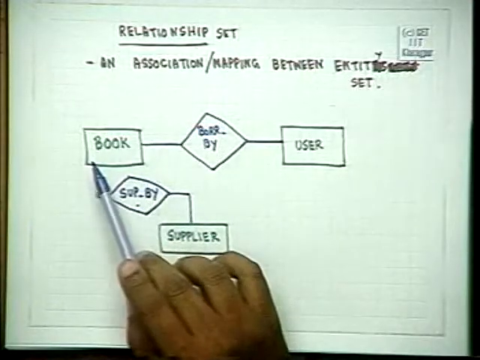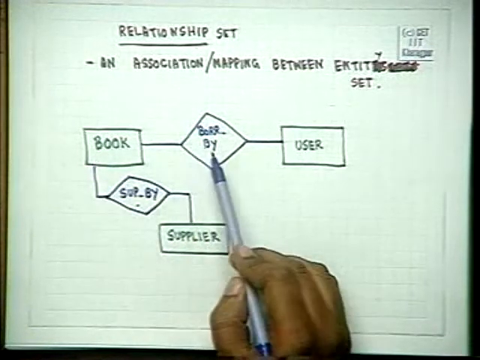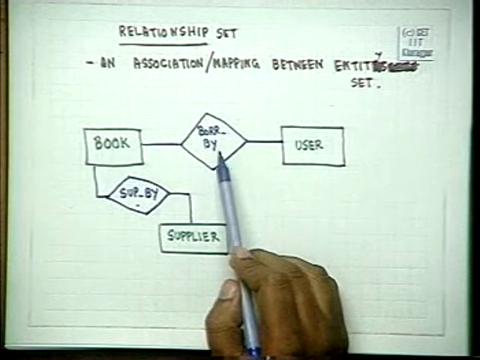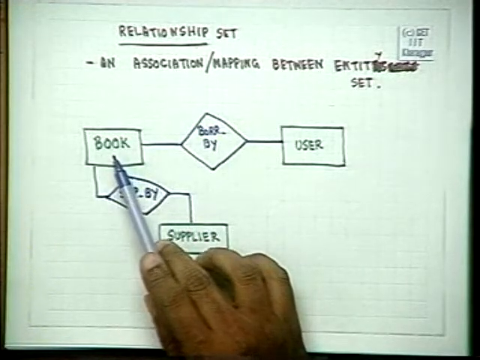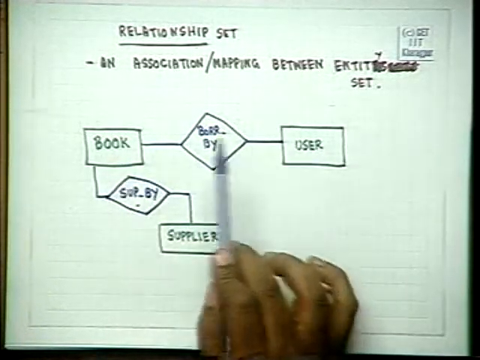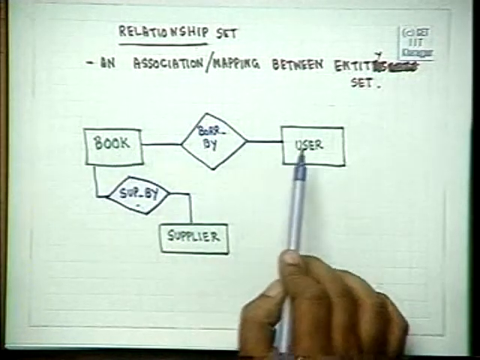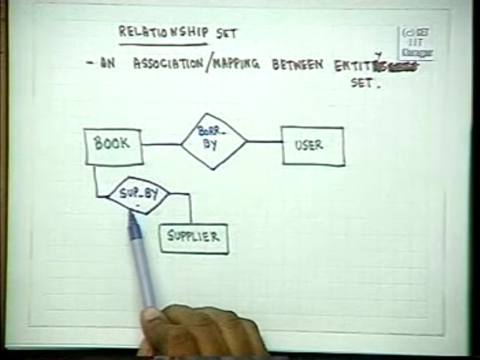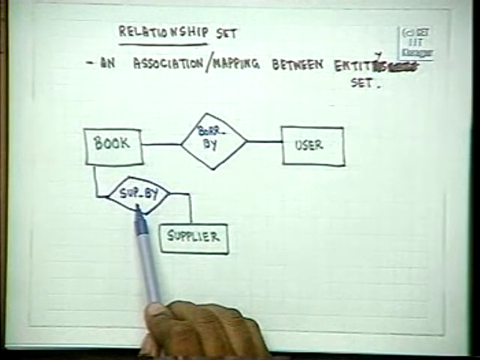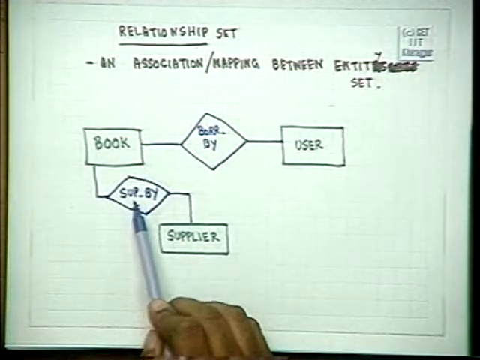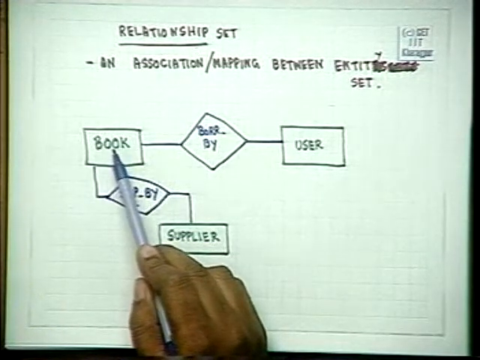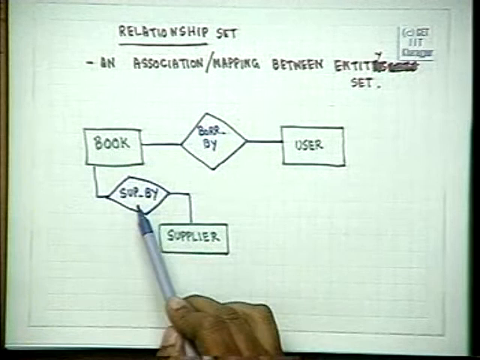These are all definitions, by definition, sets. This is also a set. It is a set of those elements of attributes of book and user such that this book has been borrowed by this user. This is a set containing attributes of book and supplier relating to whether this book has been supplied by this supplier.